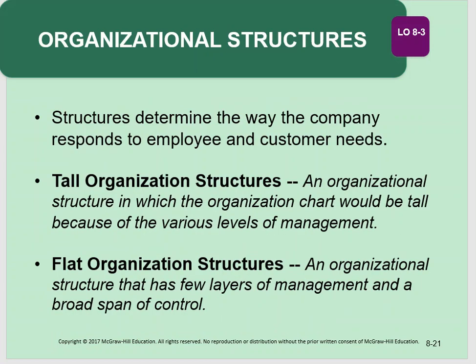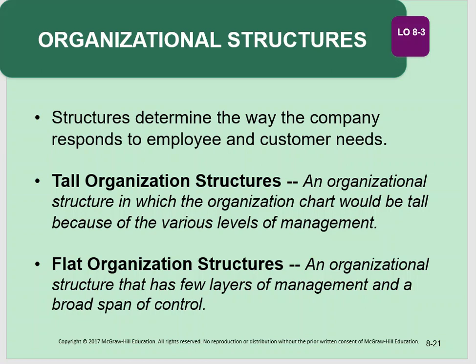Thus, when we look at organizational charts here, let's look at structures. Usually you'll see that organizational charts are either tall or flat. A tall organizational structure is one in which the organizational chart would be tall because there are various levels of management, as you know, as bureaucracy.